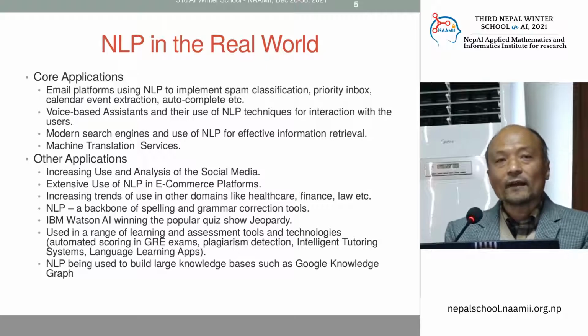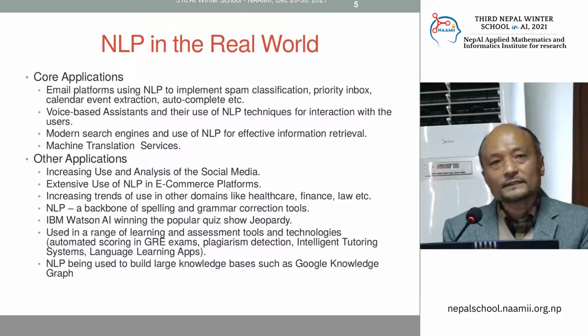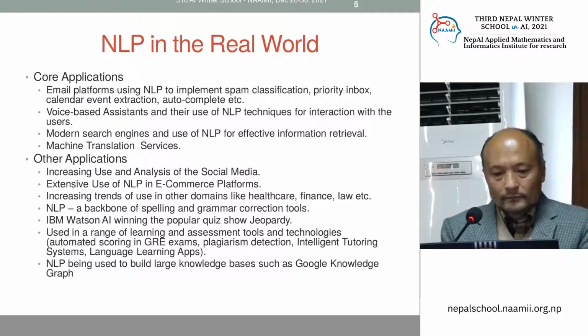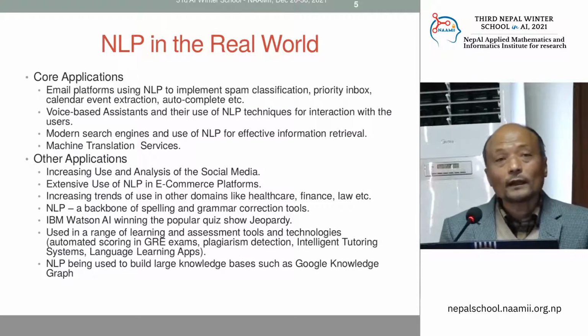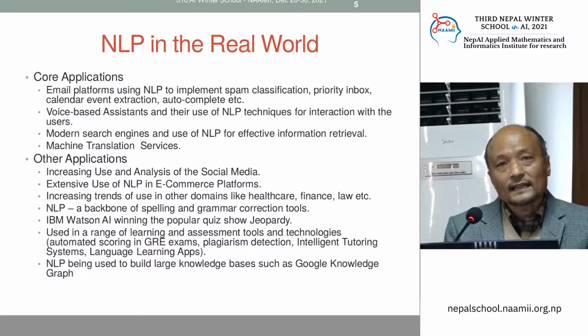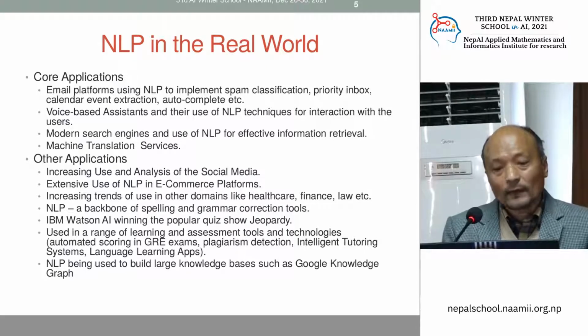NLP has basically advanced from its primitive states to a really advanced form right now. NLP is used in a range of learning and assessment tools and technologies, such as automated scoring in GRE exams. That's quite an advancement. Plagiarism detection, right?